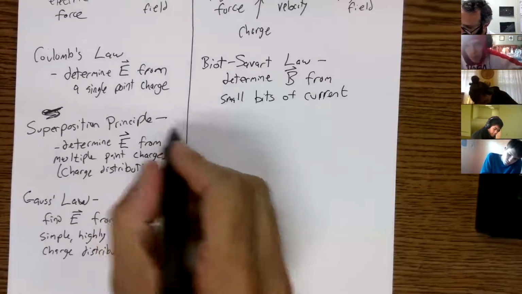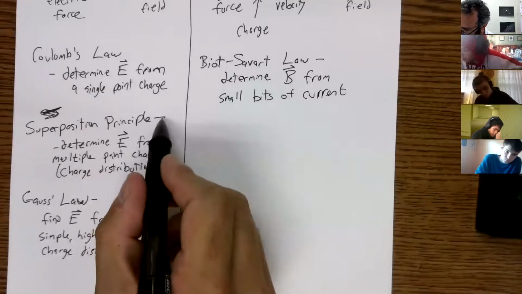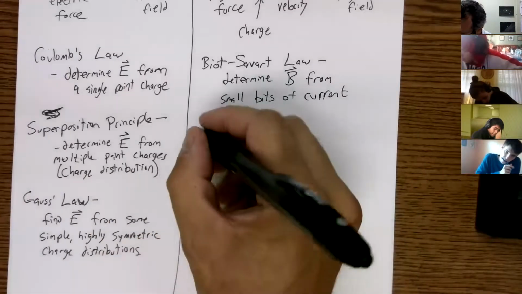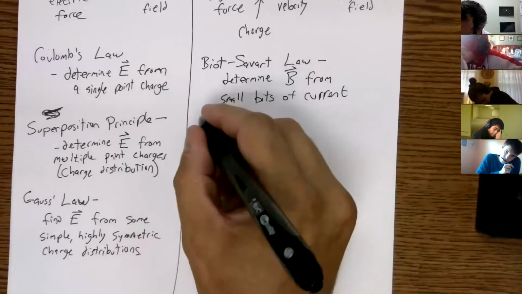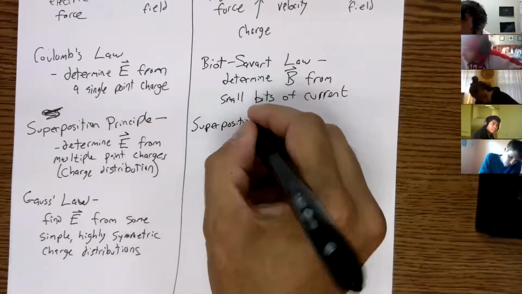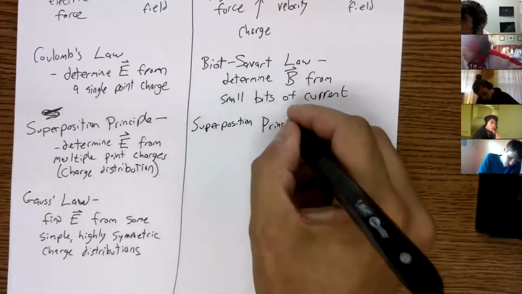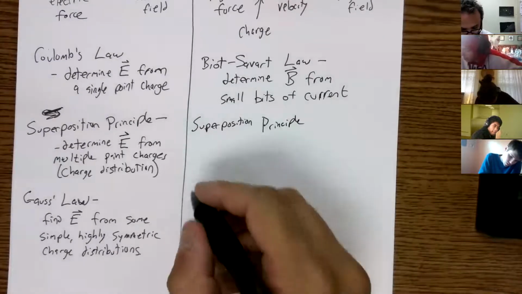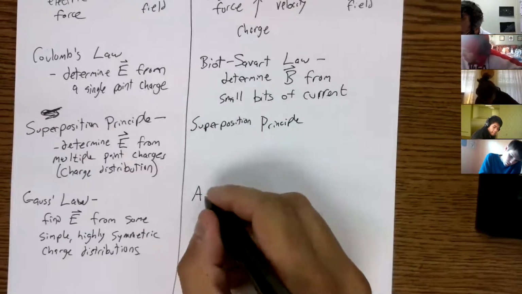The superposition principle is actually also going to apply to the magnetic side. So we also have, I'll just write superposition principle here again. And then finally, we're going to have Ampere's law.